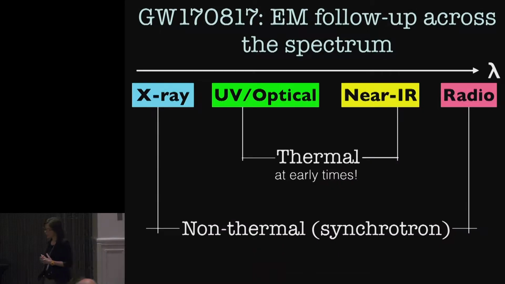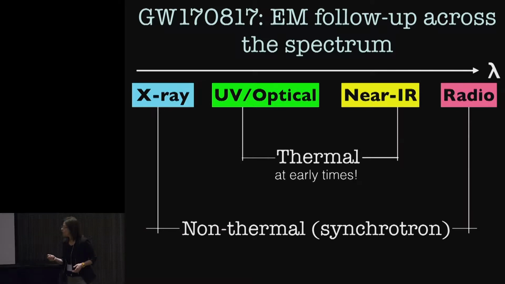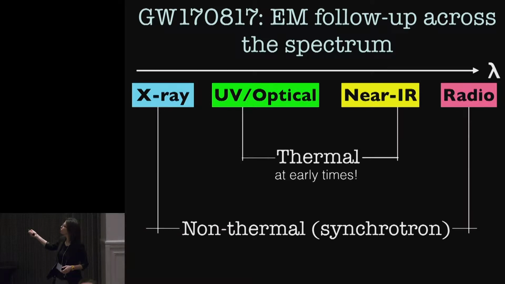The way it's convenient to think about it is that at early times, the UV, optical, and near infrared were totally dominated by the thermal process. Early times means 15 days. Instead, the X-rays and radio have always been dominated by non-thermal processes from the beginning.